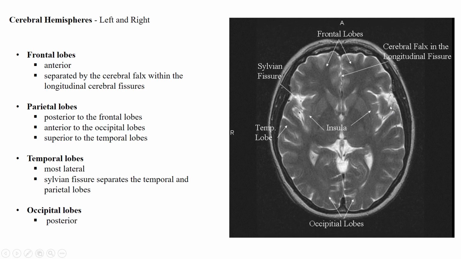So you have the left Sylvian fissure here and the right Sylvian fissure here and the temporal lobes, and then just deep to the temporal lobe is the insula, in the insular region, and you can see just deep to that is the deep set gray matter, and that's just internal to the insula on each side. So this would be the left deep set gray matter and the right deep set gray matter, and we will go over the details of that in just a moment.